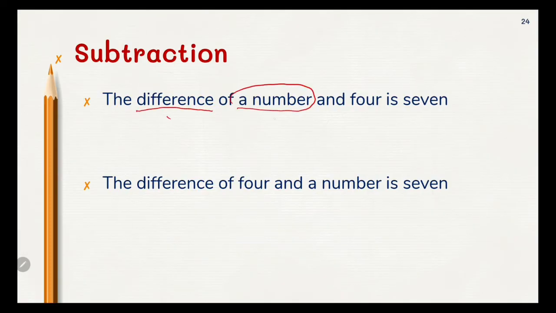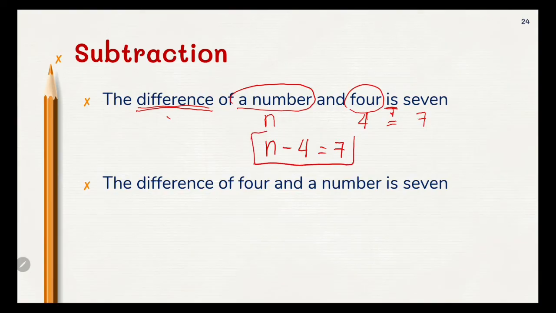We don't know this number, so I'm going to use n. And then I have here 4. This one is your equal, and then you have 7. So, with difference, you follow this order. So, I have n minus 4 equals 7.